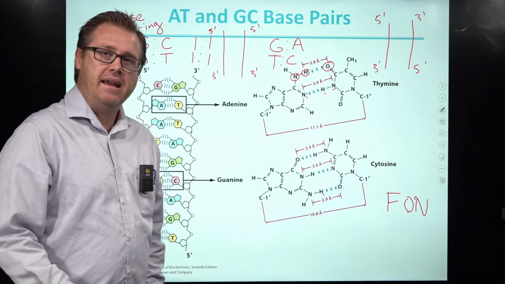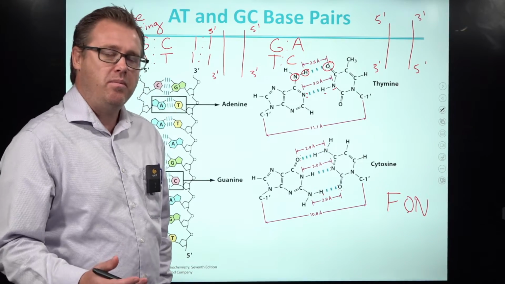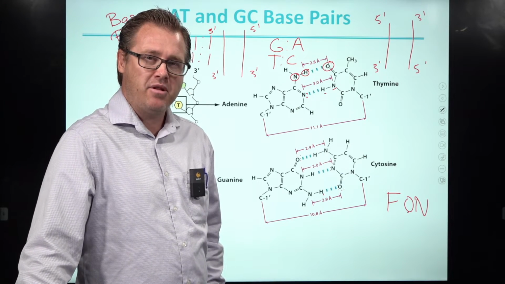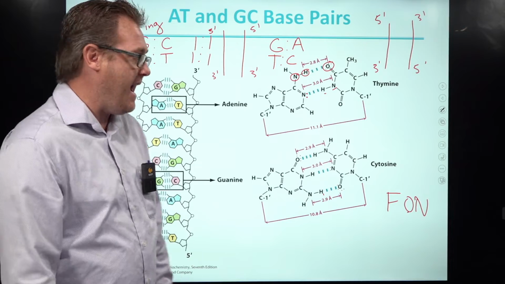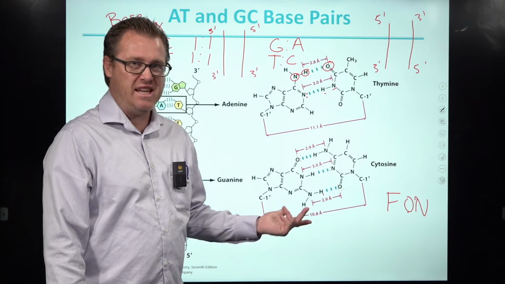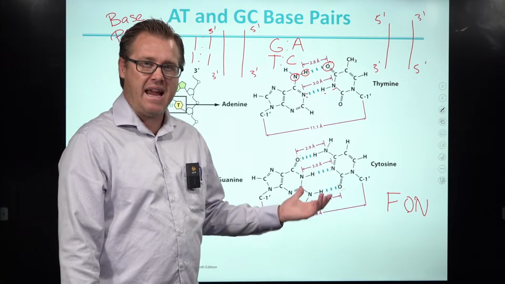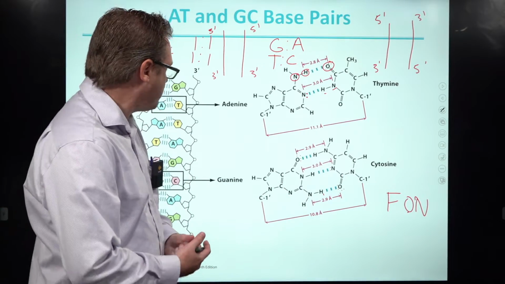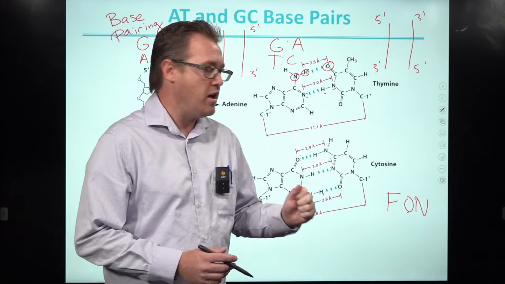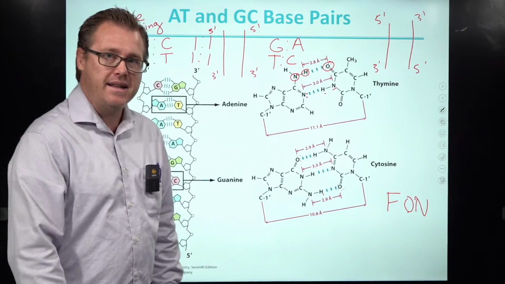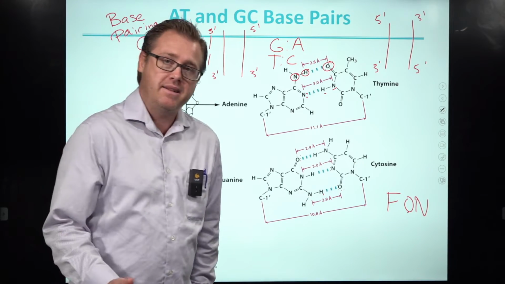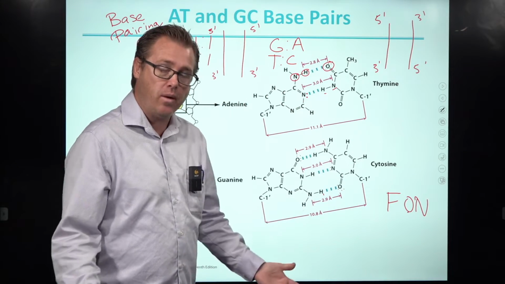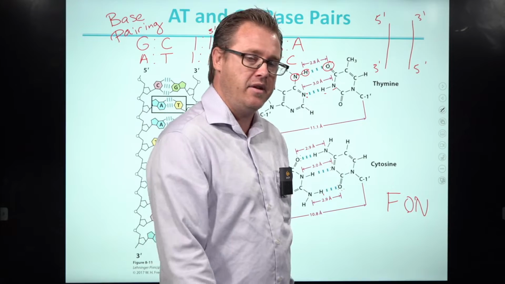Because in biochemistry and biotechnology, we get to design DNA primers, and we have to take into account how many GC pairs we have versus ATs in order to design a really good primer. But that's a conversation for another video. That's just giving you a little heads up of what's coming and why I'm spending so much time talking about these hydrogen bonding, because it's important for experimental design in the future.